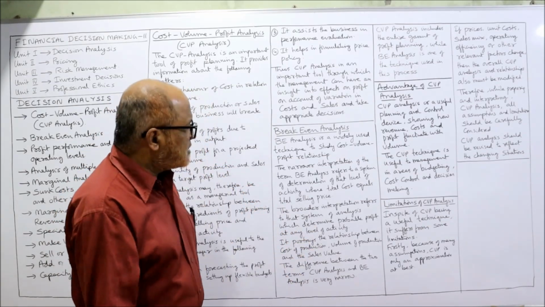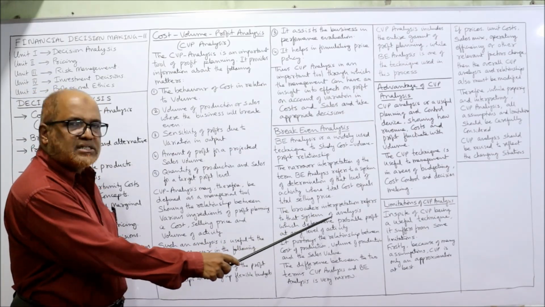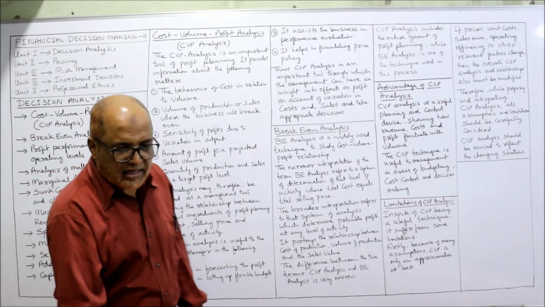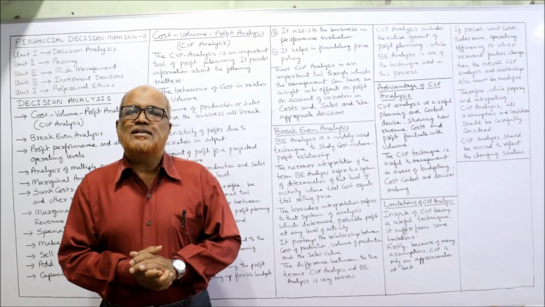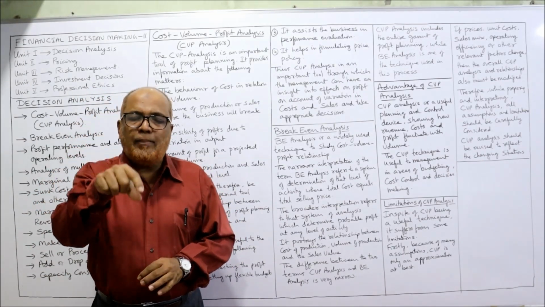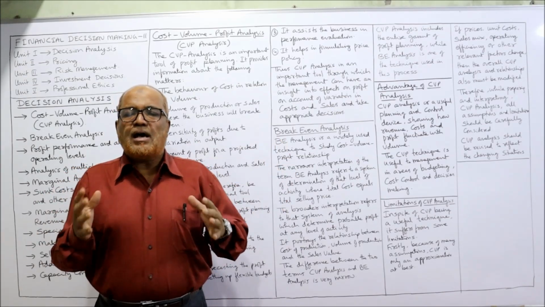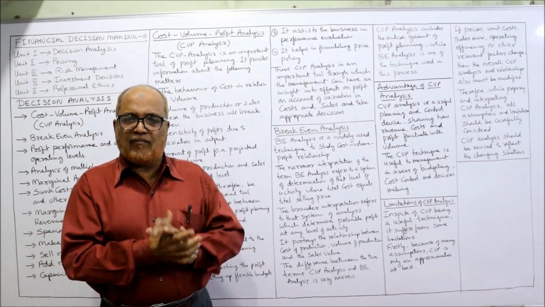What the broader concept says, the broader interpretation refers to that system of analysis which determines probable profit at any level of activity. So break-even analysis is concerned with finding out the probable profit at different levels of activity. Example, if the business produces 10,000 units, how much would be the profit?